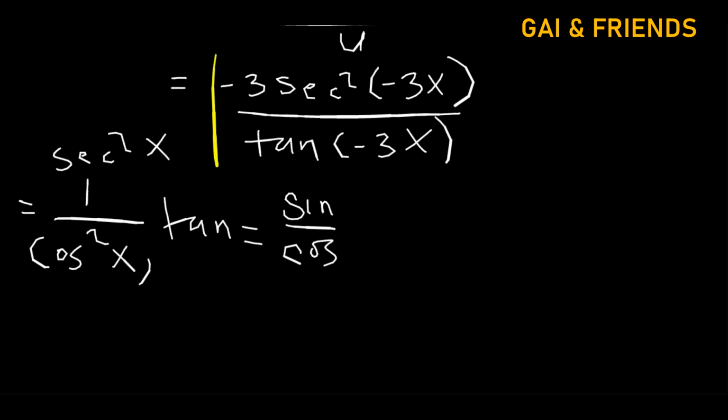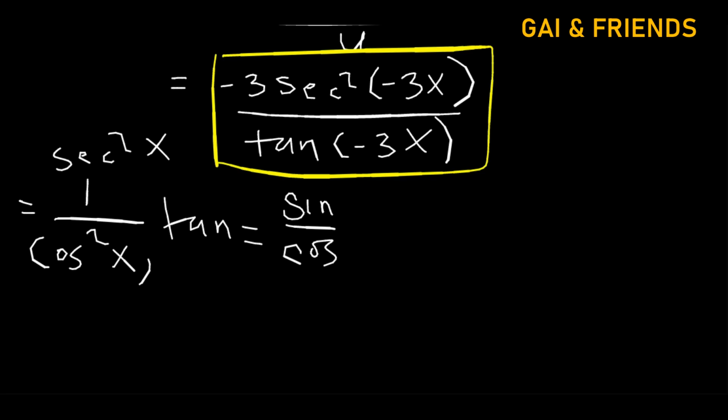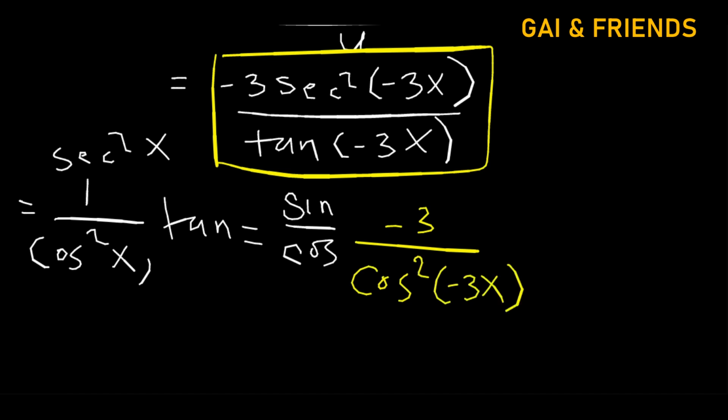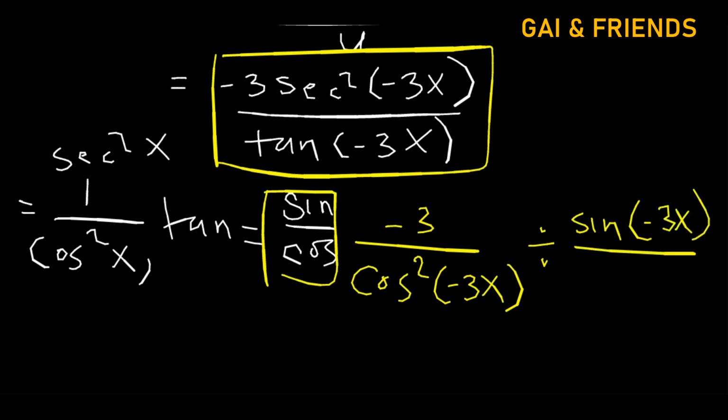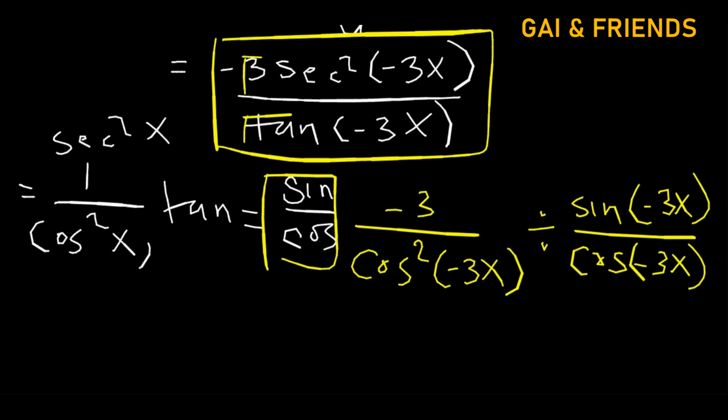So these will translate to negative 3 out of cos squared negative 3x, and then you divide it by sine negative 3x out of cos negative 3x. Note that we have not changed anything here. All we've done is replace these things with their respective identities.